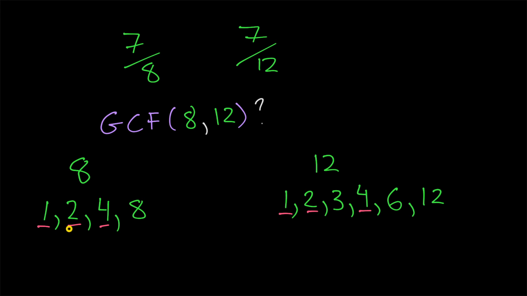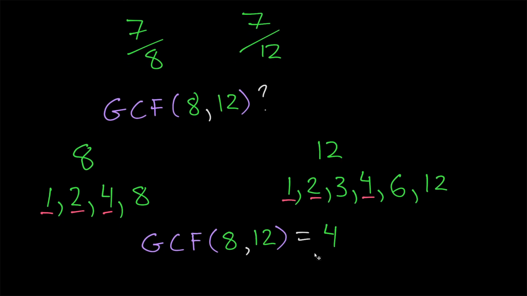So we only have 1, 2, and 4 being common. So the greatest common factor for 8 and 12 is equal to 4.